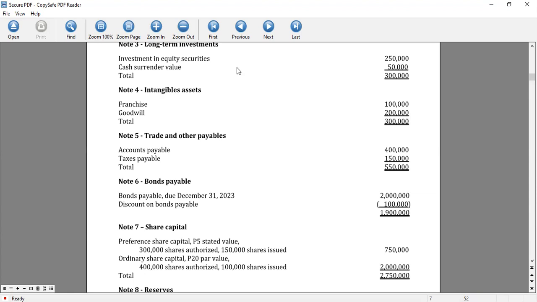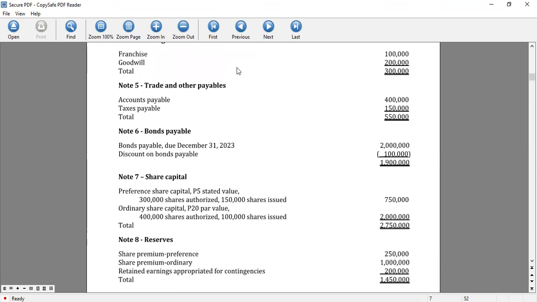The total share capital of 2,750,000. For the reserves, we have share premium preference. We have the stated value of 750,000. However, we have included here the share premium preference of 250,000.